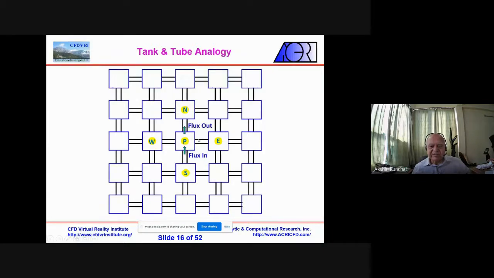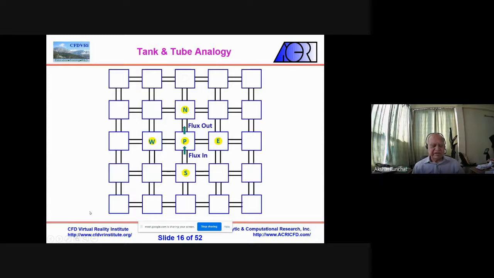He said, well, these are a bunch of tanks that hold the fluid. It comes from this pipe, it goes out from this pipe and goes to the north face. So now we can decide how much goes from P to N, from this point to the north face, and what comes in. Or of course it can reverse direction and all that. But basically the concept is that you don't look upon this as a finite difference grid.